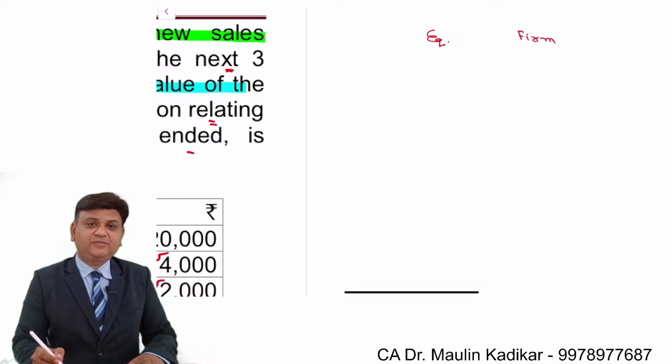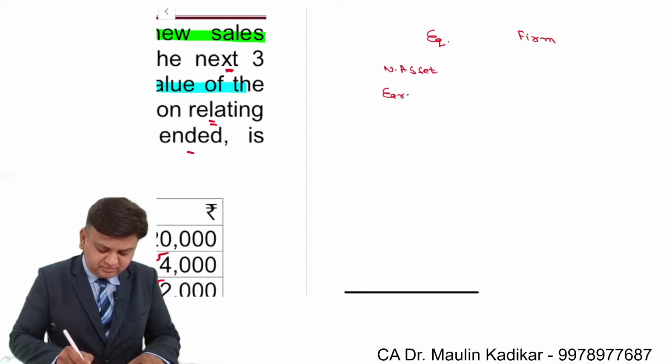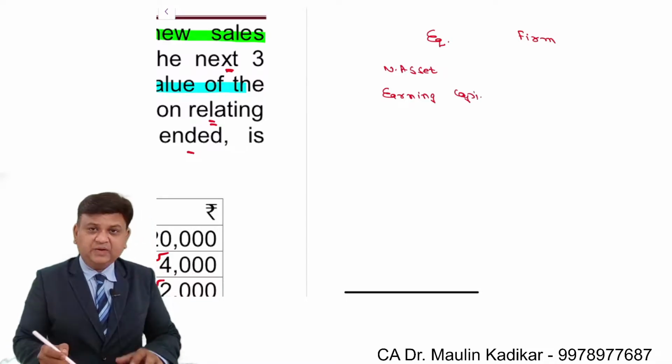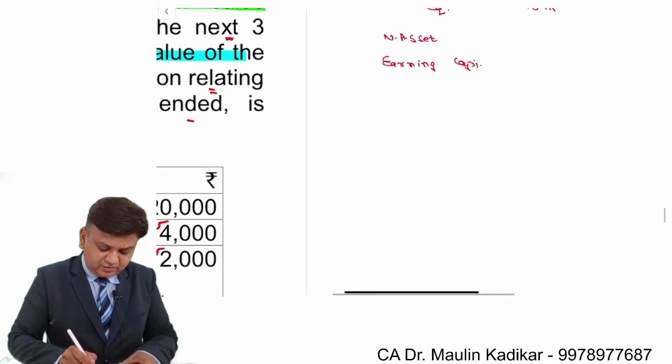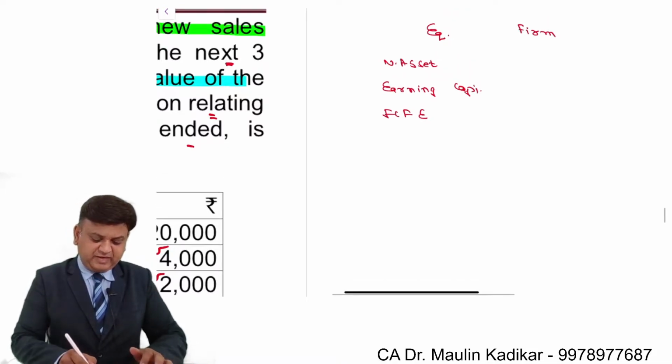As far as the valuation of the equity is concerned, we have net asset method, we have earning capitalization method, we have the free cash flow for equity method, and so on, the different methods that we have for the purpose of the valuation of the equity.